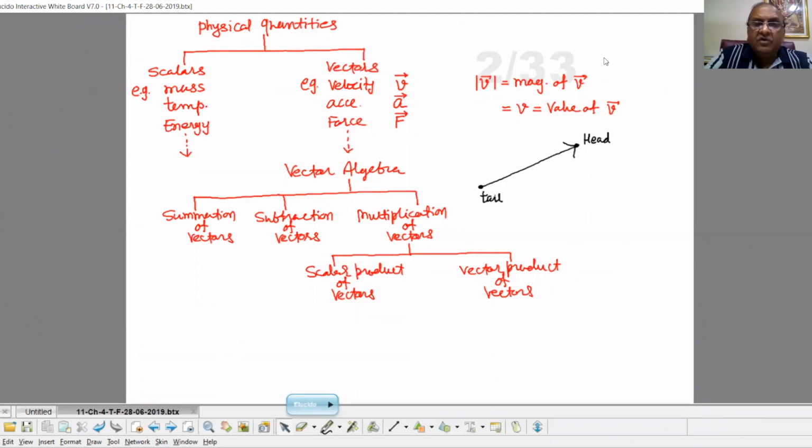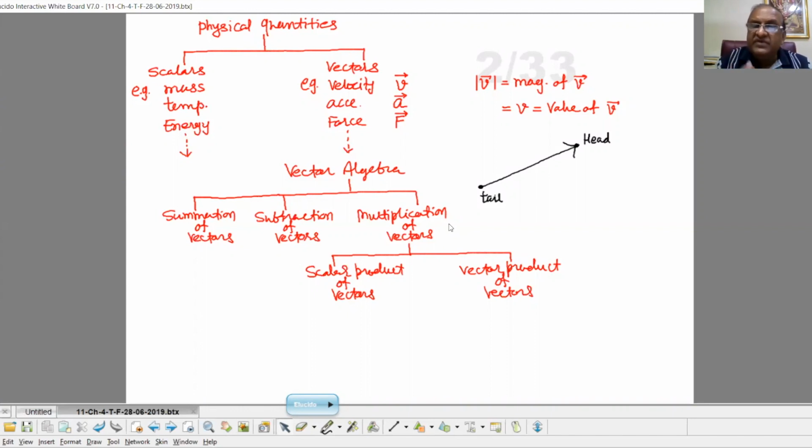But for vector physical quantities, there is a special algebra, and that we have to study. Algebra of vector physical quantities is nothing but the summation of vectors, subtraction of vectors, and multiplication of vectors. This is nothing but a special type of combination of physical quantities.